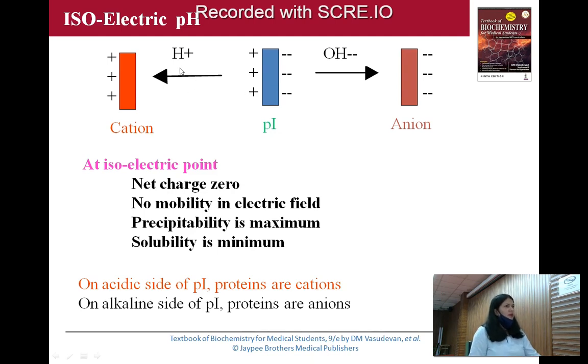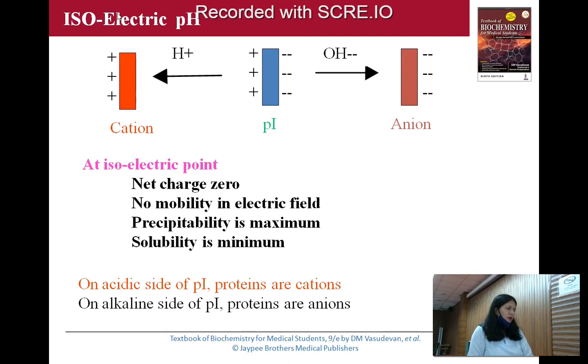But on the acidic side, proteins will exist as, please tell me, what do you think? Roll number 1, Aditya, tell me. Ma'am, negative. On the acidic side, what do you mean by acid? When you are adding an acid, that means you are adding a positive ion or a negative ion?